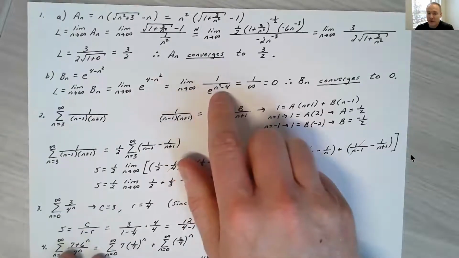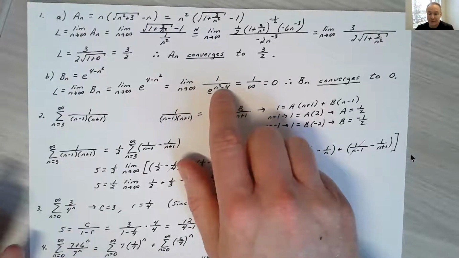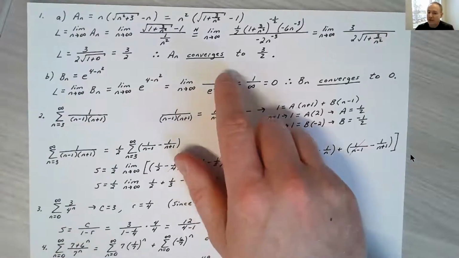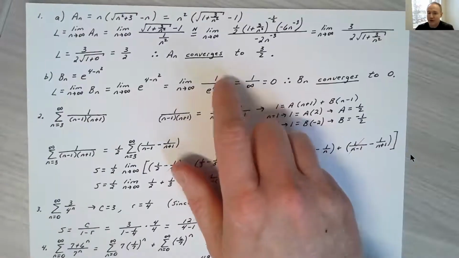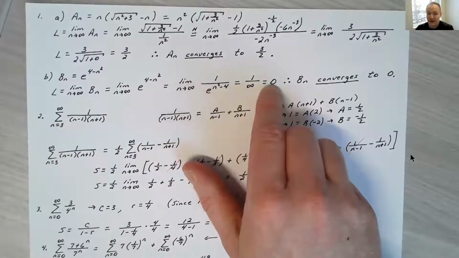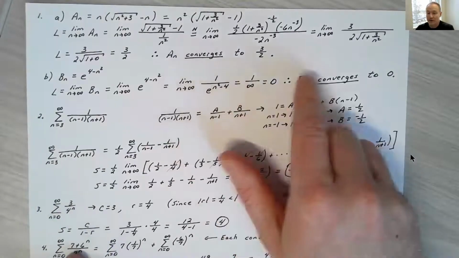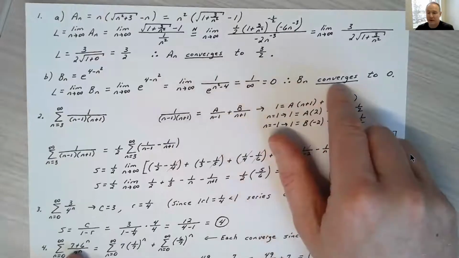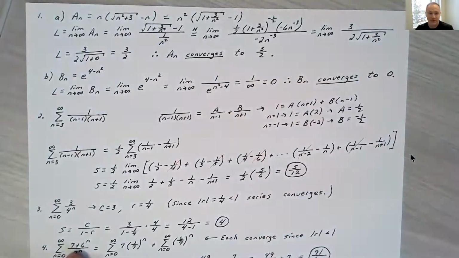When n goes to infinity now, you're going to have e to an infinite power, which definitely is infinity, but your numerator is just a 1. 1 divided by an infinite number, or any finite number divided by an infinite number, has a limiting value of 0. So therefore, we can say this sequence b sub n converges to 0.